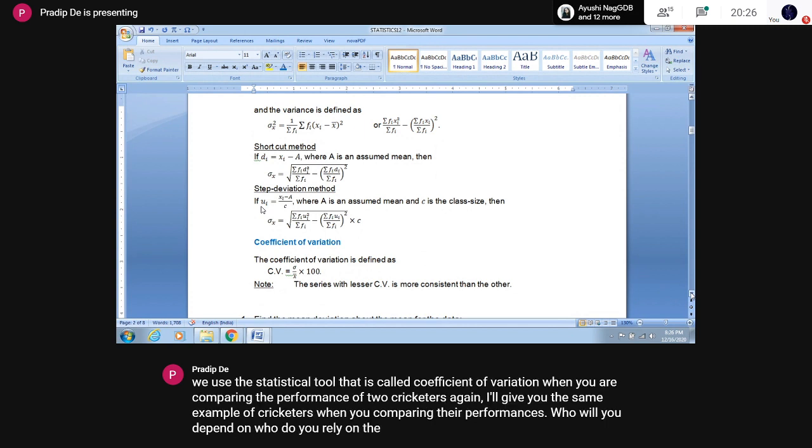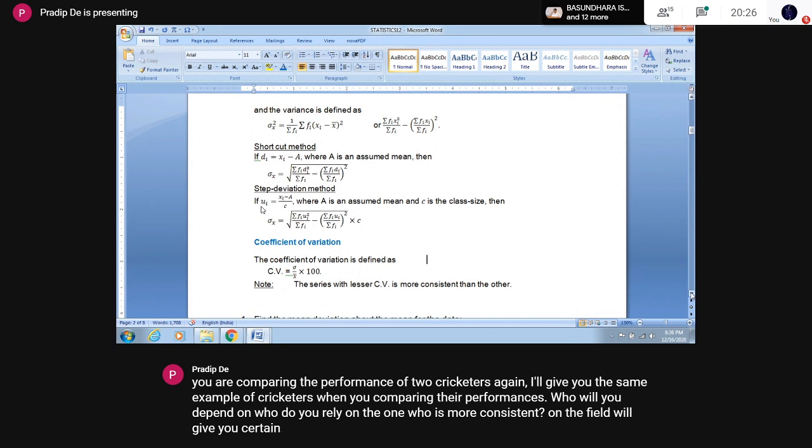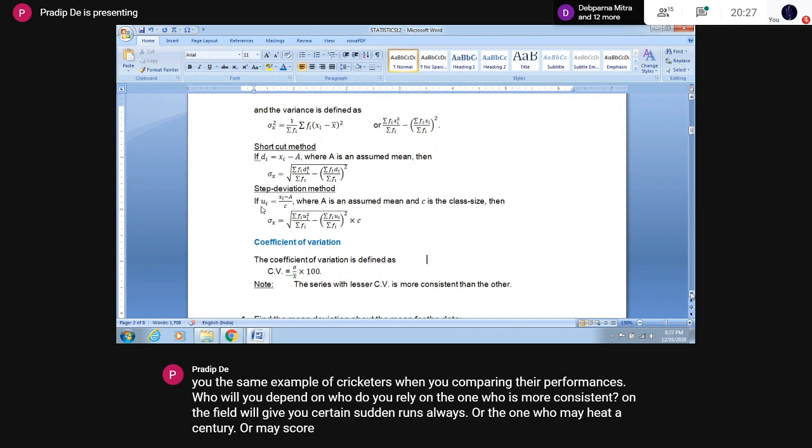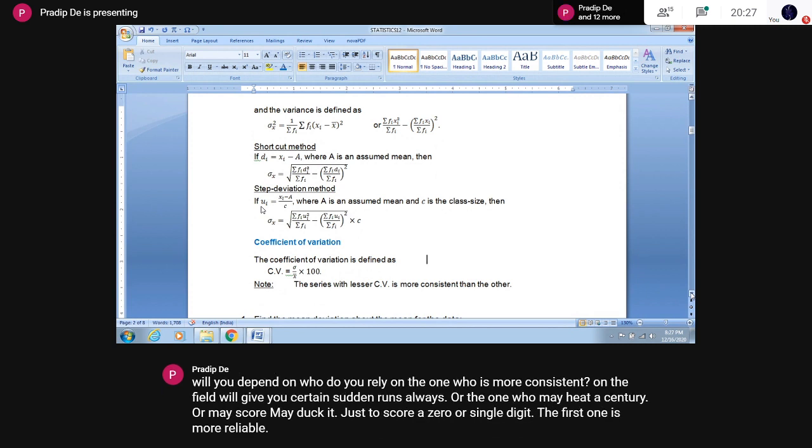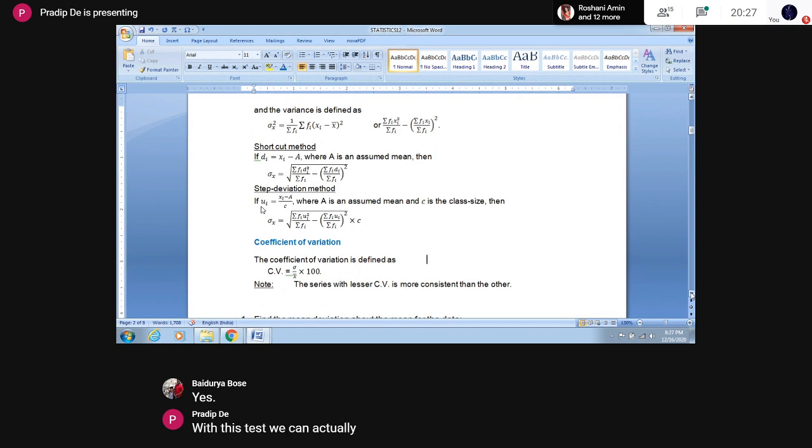The one who is more consistent on the field, who will give you certain runs always, or the one who may hit a century or may duck it just to score a 0 or single digit. The first one is more reliable, whose scores are more consistent.